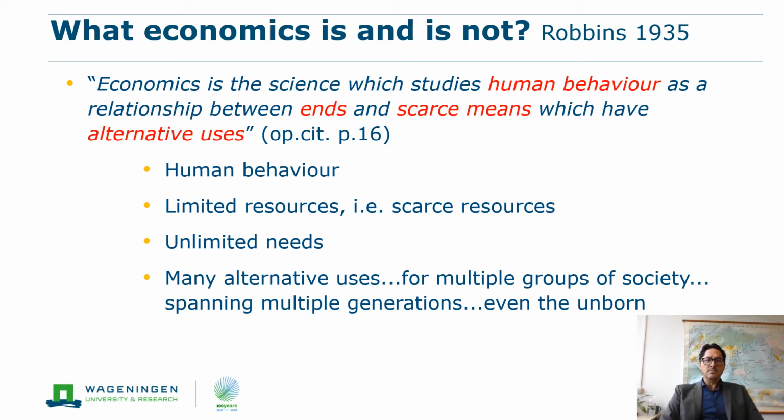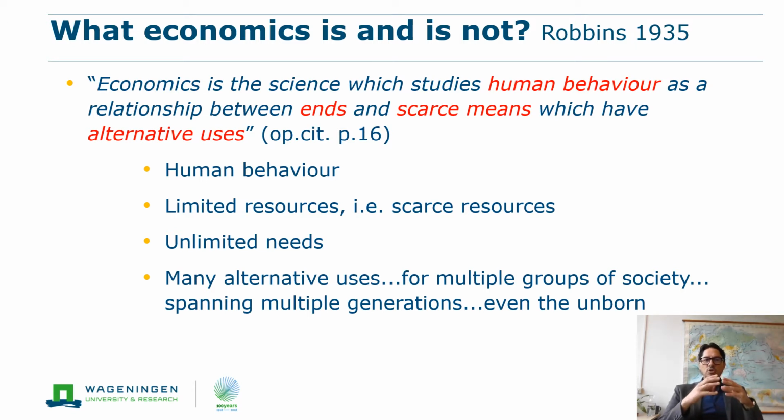Let me start then by explaining what economics is and is not. And I will start with a very old quote from 1935. Economics is the science which studies human behavior as a relationship between ends and scarce means, which have alternative uses. What I like about this definition is that it is centered around human behavior.